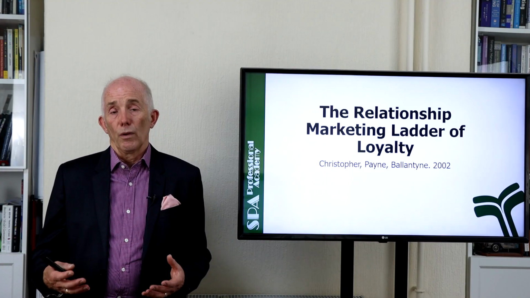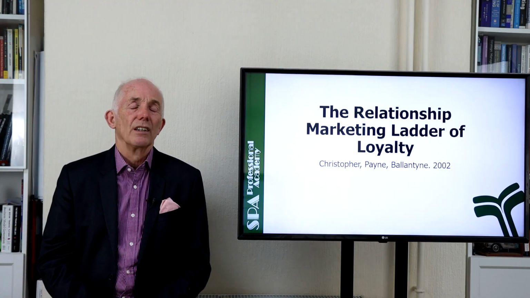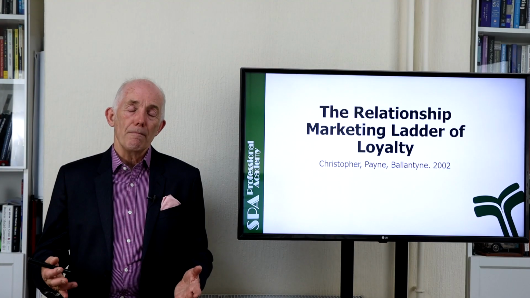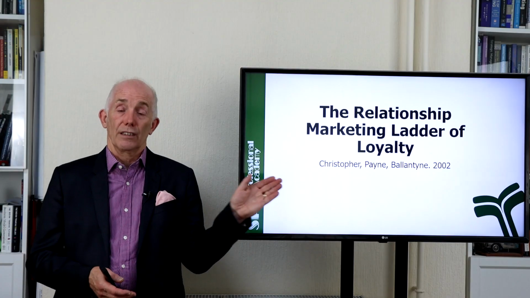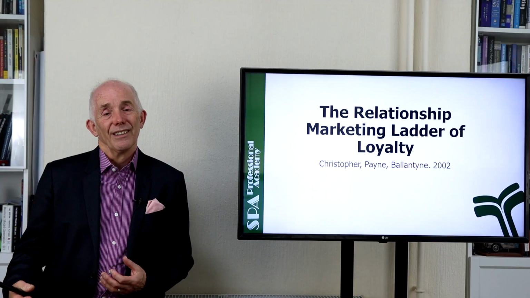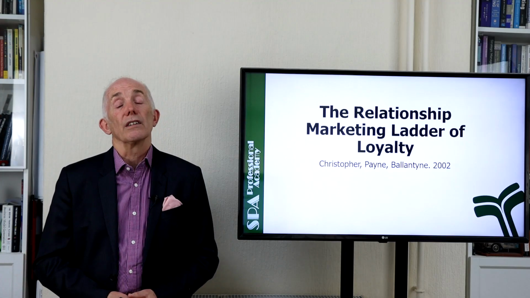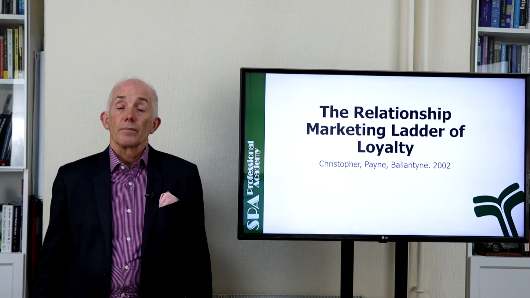It's a really useful model, and so I want to talk you through it, but also highlight something that may make the model as defined in 2002 not quite right, with things that have changed in terms of digital marketing since then.